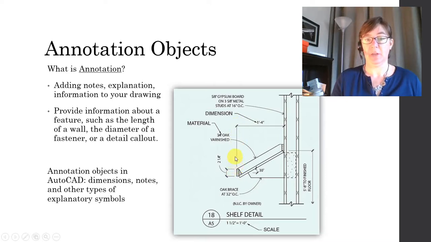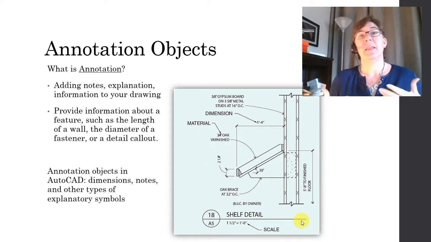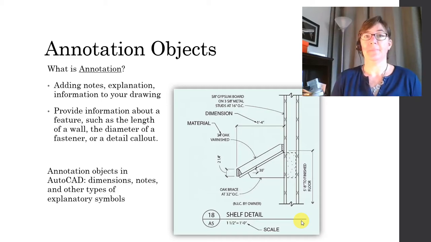This is an extension line that goes to the point which is being measured. And finally, we've got some other symbols. This specifically right here is a detail title symbol, and it's saying that we're on detail 18 of sheet A5. So with all these different types of annotation, we add information to our drawing.